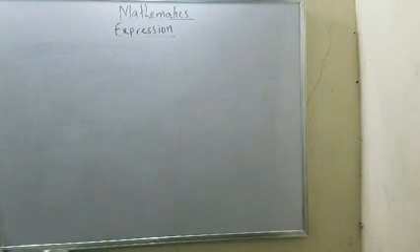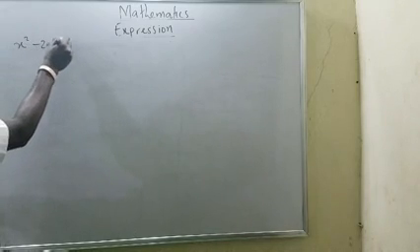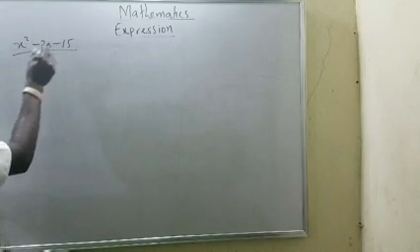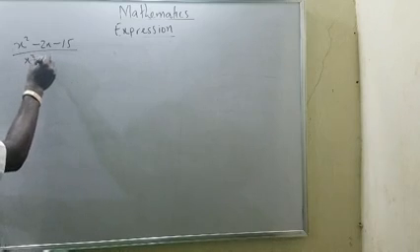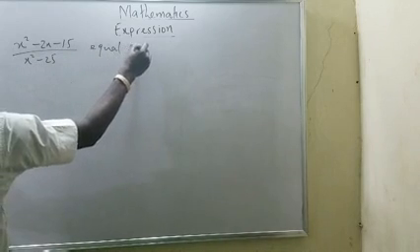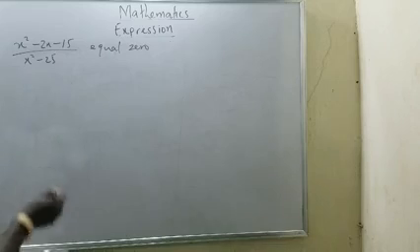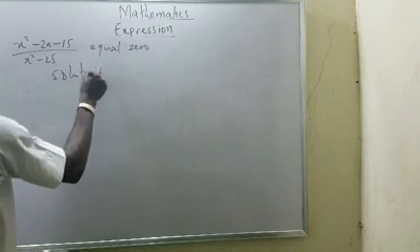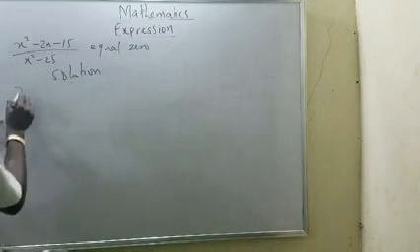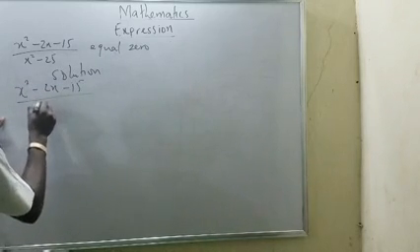Now, I have another question. I have (x squared minus 2x minus 15) all divided by (x squared minus 2) equal to 0. Since I know the expression equals 0, what I will do is take the upper part of the expression, which is equal to 0.